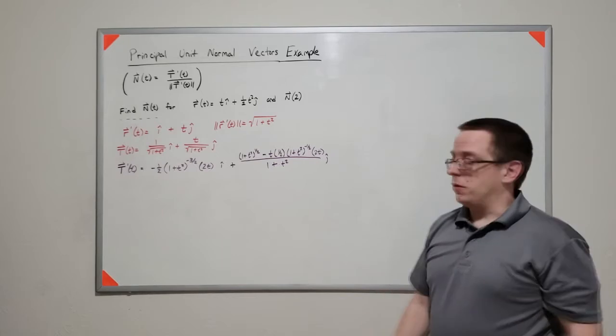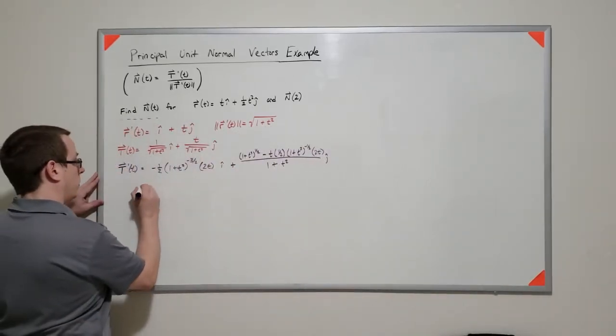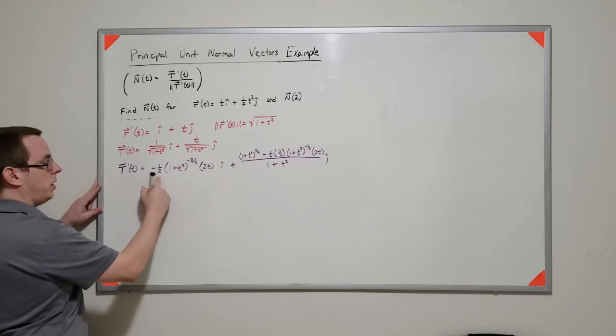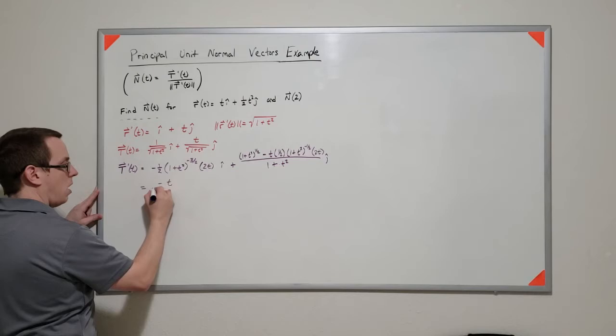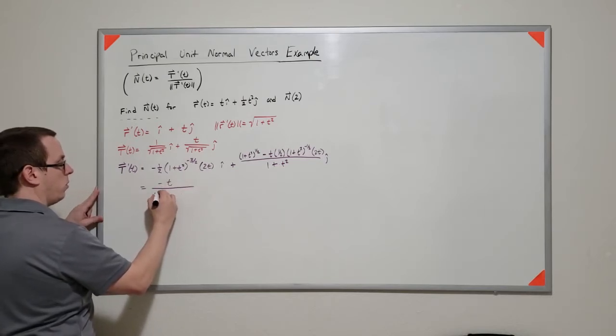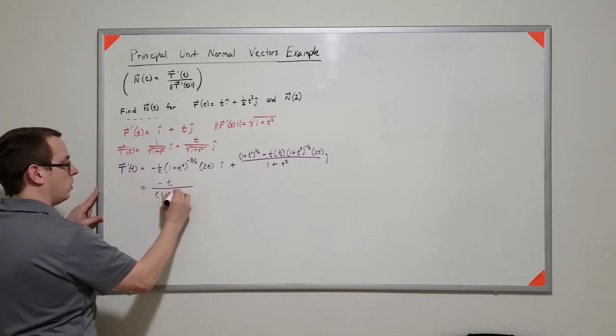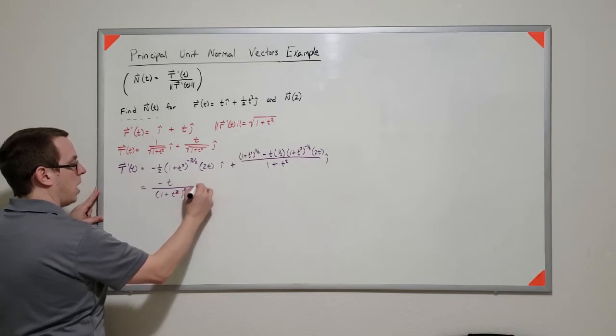So let's do a little bit of simplification here. All right, 2t in that, so that becomes negative t over 1 plus t squared to the 3/2 i.